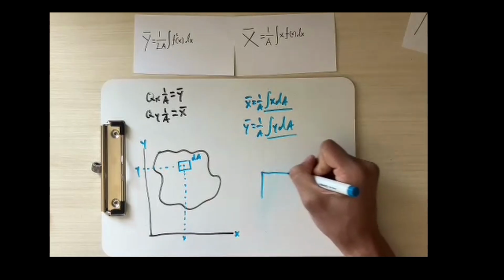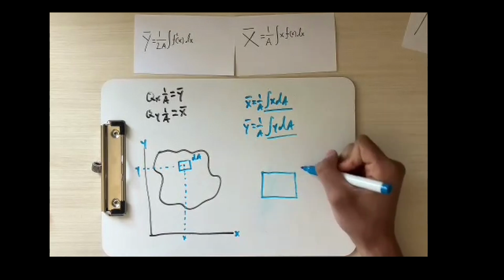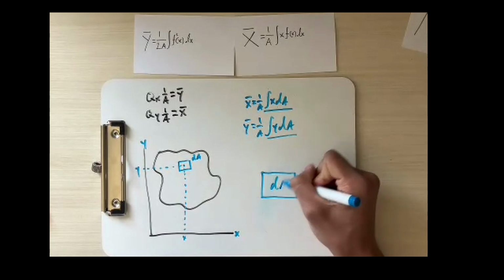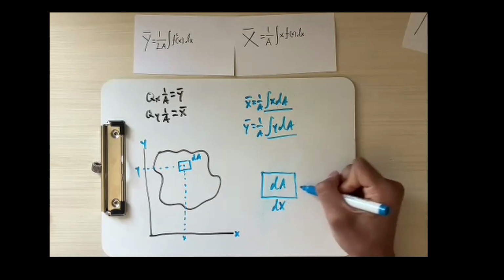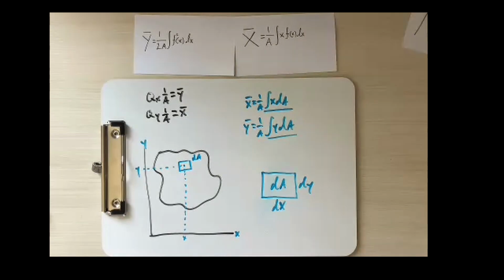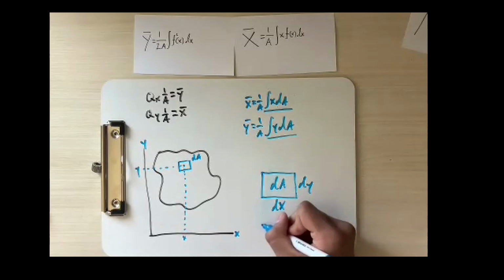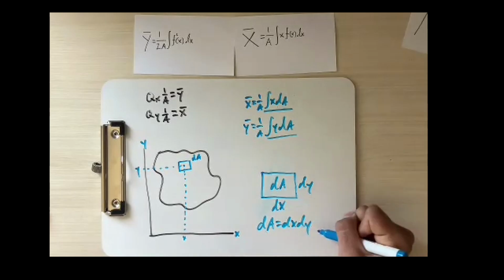Keep in mind that dA, our differential area, is a multiplication of dx times dy. Like I said, this is this Calc 3 concept that we're butting our heads up against. Don't think about it too hard unless you want to, but it's not that difficult to think about, because dA just equals dx times dy.